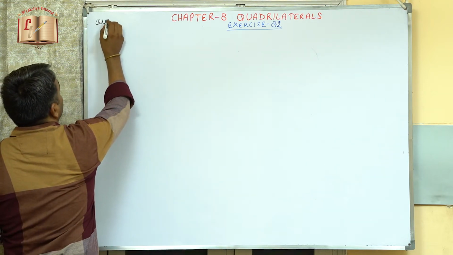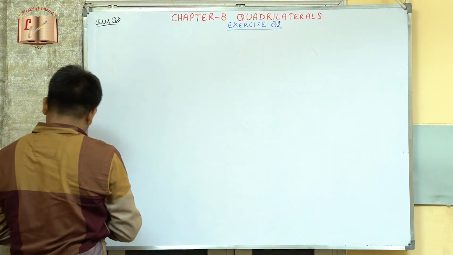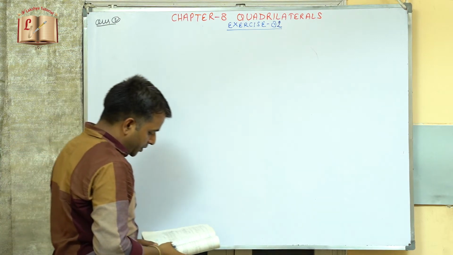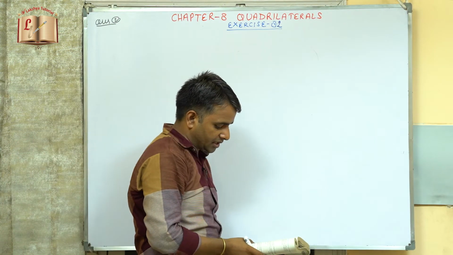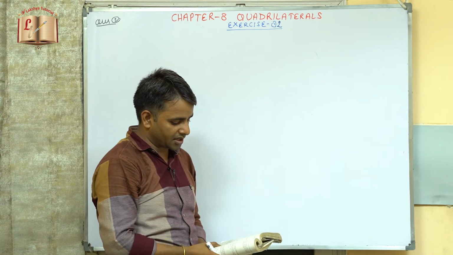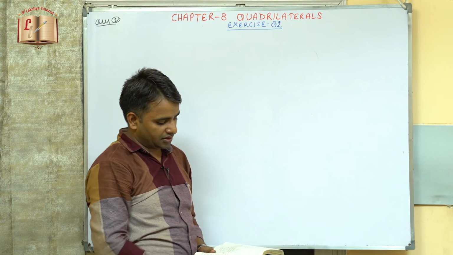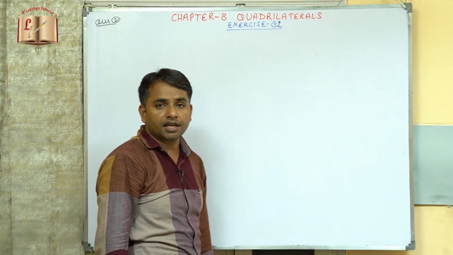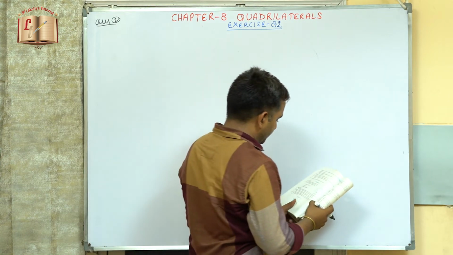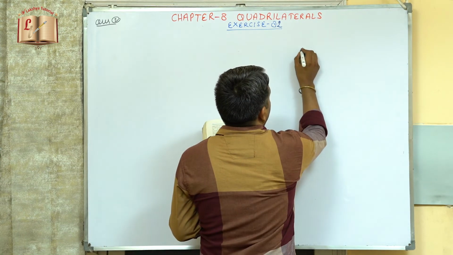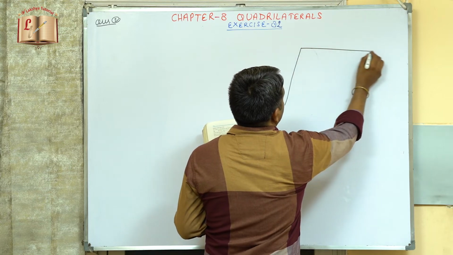Now coming to question number 2. ABCD is a rhombus and PQRS are the midpoints of the sides AB, BC, CD and DA respectively. We need to prove that quadrilateral PQRS is a rectangle. We will make the diagram first.